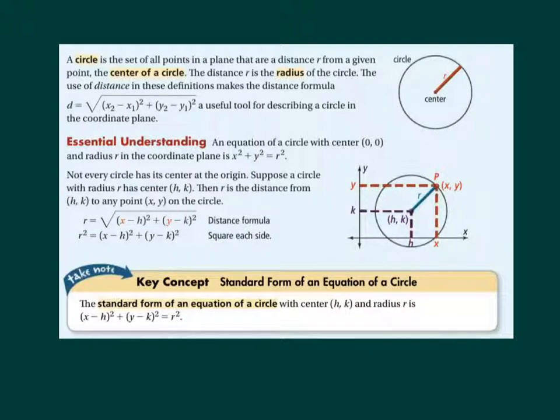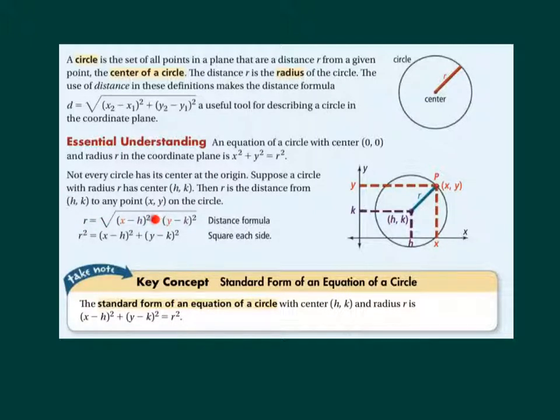So if you look at the distance formula, down here they're illustrating how the distance formula gives us the equation of a circle. The distance between the 2 points is the radius, because we said that a circle is defined as having that same distance all the time, and that distance is the radius. So instead of d, we have r.